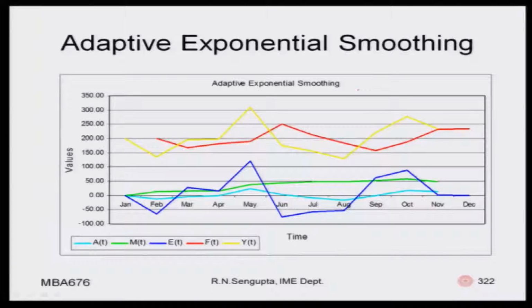Now, in order to make our understanding much clearer, in this graph, which is different from the previous slide I showed, apart from the yellow and the blue one, which is the predicted, and the yellow and the red one, which is the forecasted and the actual value, I am also plotting the error, which is the blue one, the smooth error, and the other error, which is the green and bluish green one.